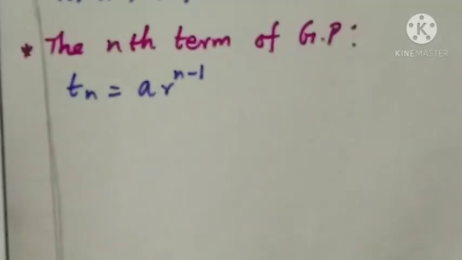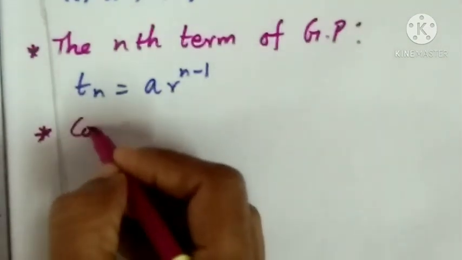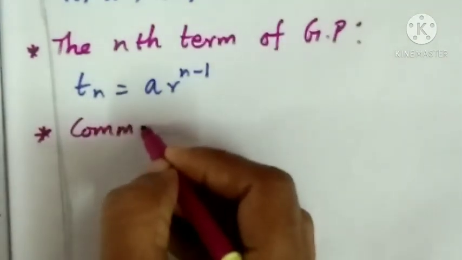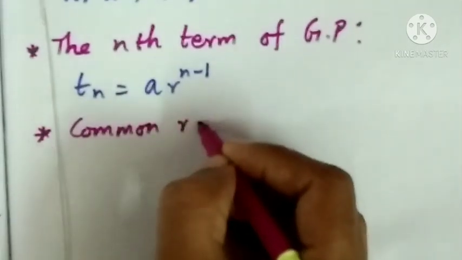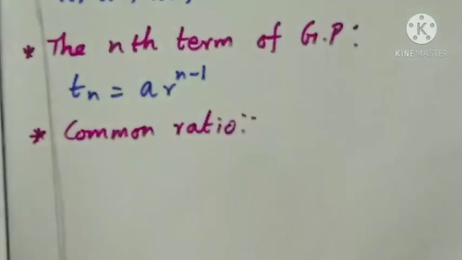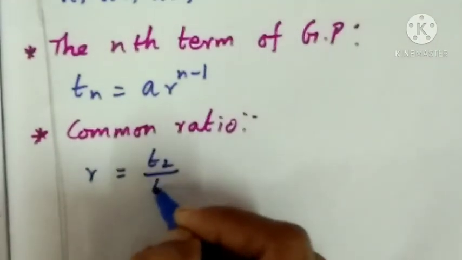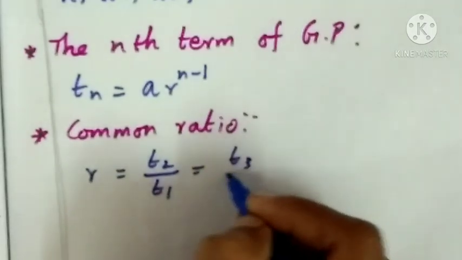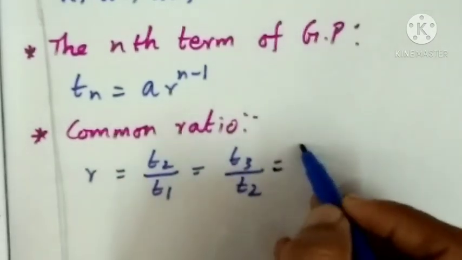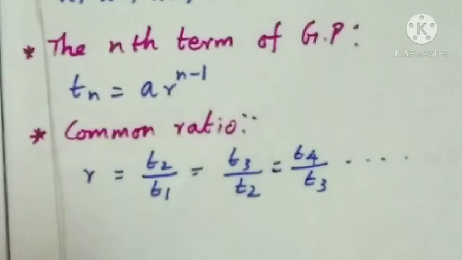The next heading, common ratio. It is denoted by the letter R, which is equal to T2 by T1 is equal to T3 by T2, T4 by T3 and so on.